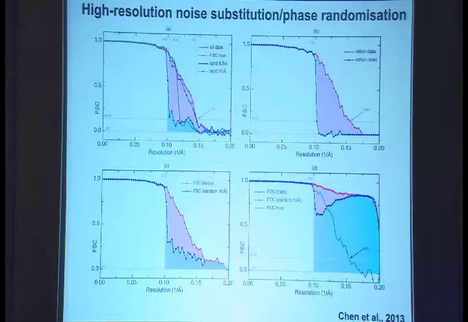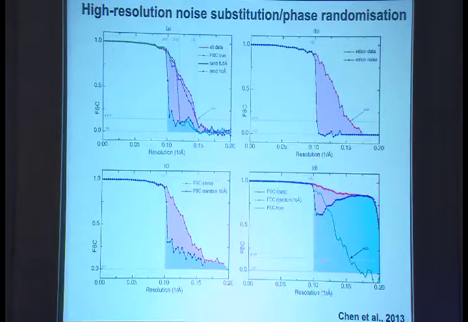These are four different programs which were used in that paper to calculate how much noise is refined during refinement. This is Relion, where, as I will tell you in the next slides, after randomization the FSC curve drops completely, and then you have the real signal here.